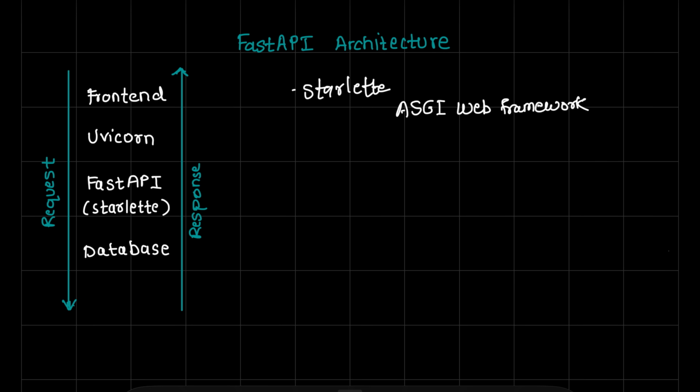I have written this Starlette in the bracket of FastAPI on the left hand side block diagram. So this Starlette is actually a standalone web framework. It is not a component of FastAPI. It is a separate framework that is written in Python.